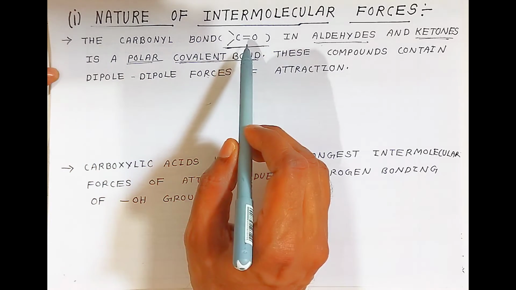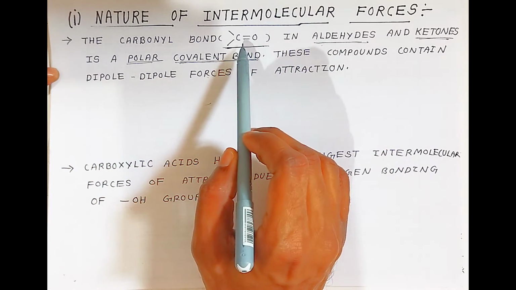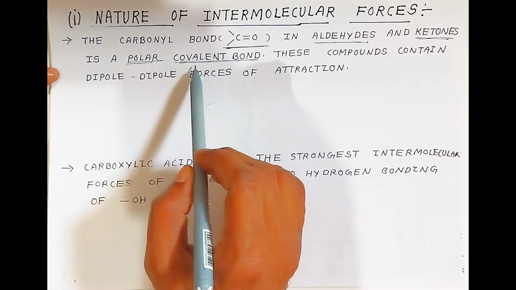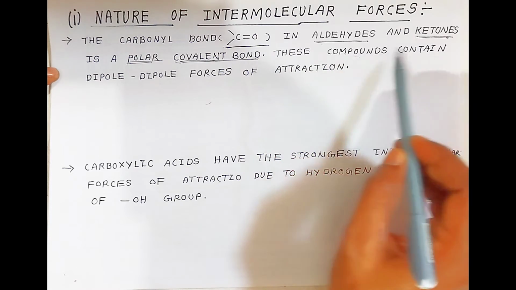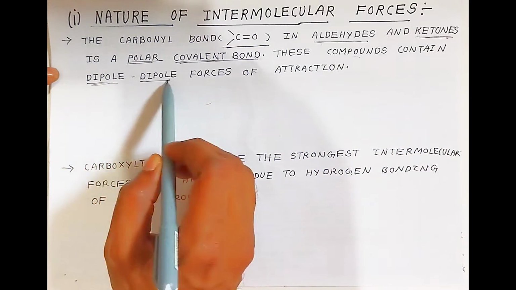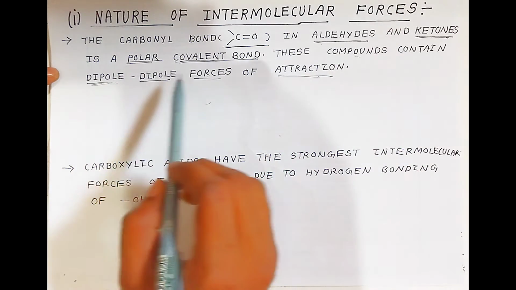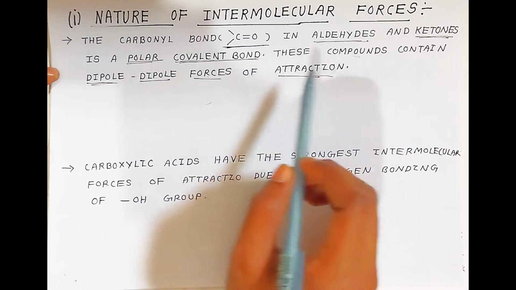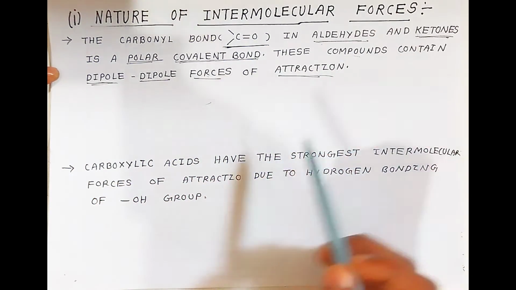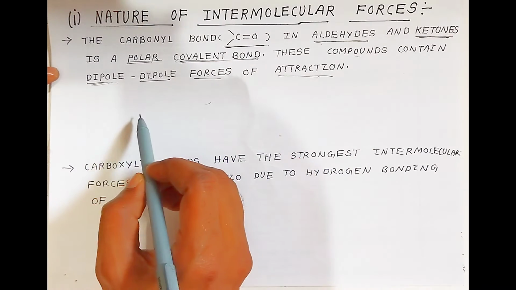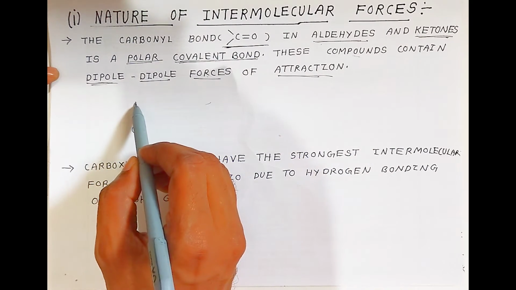There is polarity in aldehyde. If this carbonyl is present in aldehyde and ketones, they have a polar covalent bond. These compounds contain dipole force of attraction. So which type of forces students? Dipole forces of attraction are there between the molecules of aldehyde and ketones. Now in carbonyl, there is a carbon and oxygen double bond.